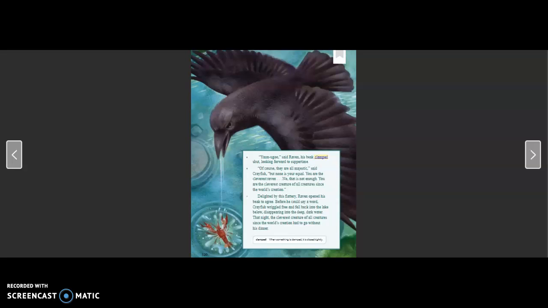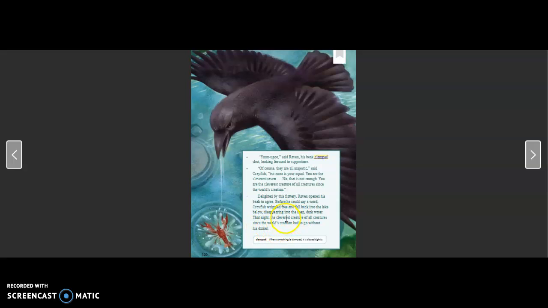Which line describes what type of character the raven is? Our very last line here. That night, the cleverest creature of all creatures since the world's creation had to go without his dinner.